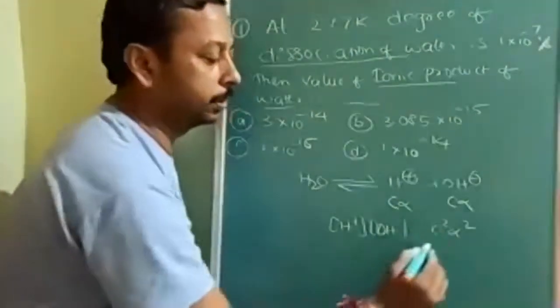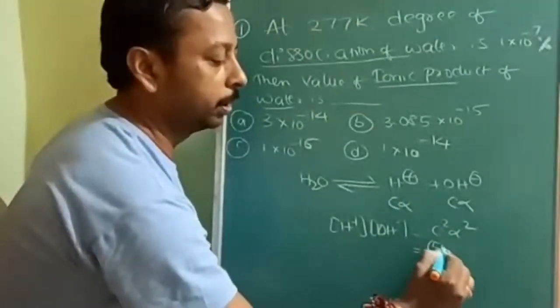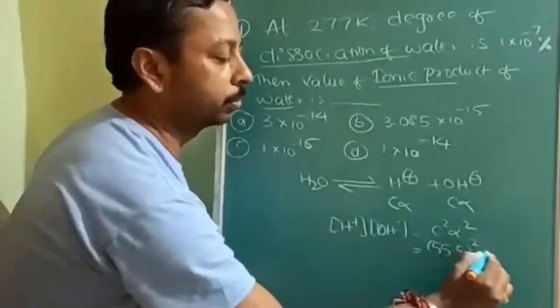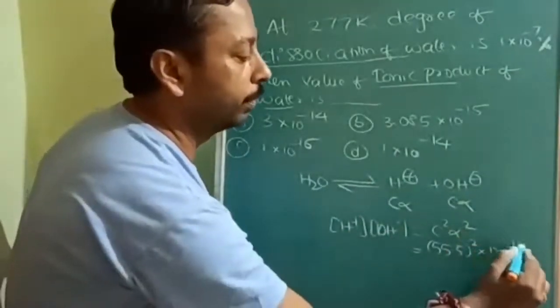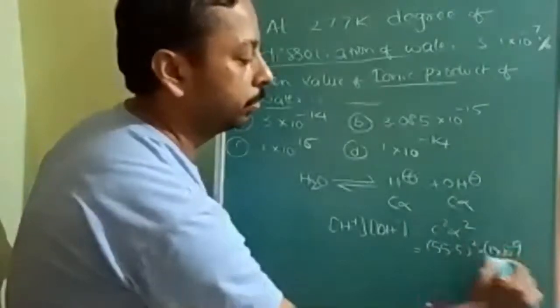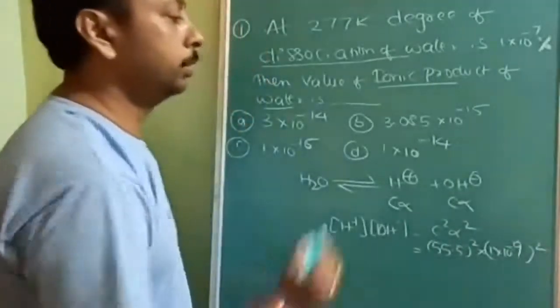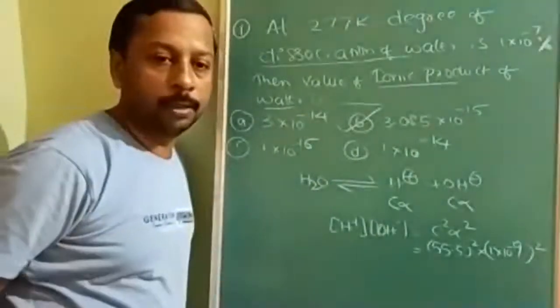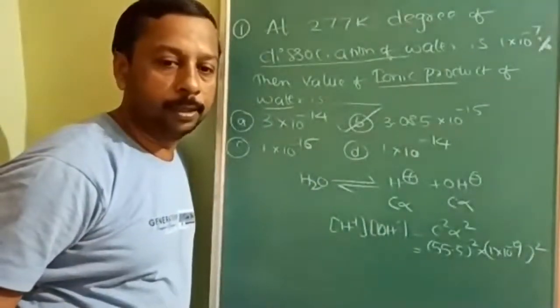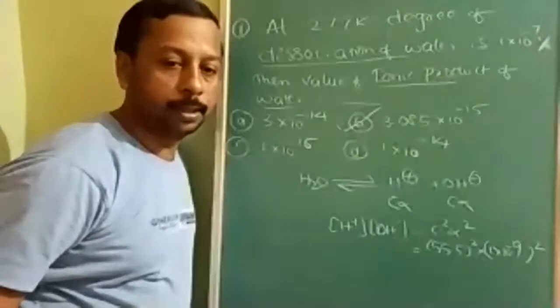C is the concentration of water, that is 55.5 whole square, and alpha is 1 into 10 to the power of minus 9 whole square. So if you simplify, you will get the answer of B. Option B is the correct answer.